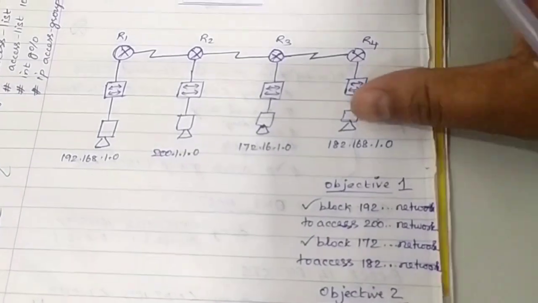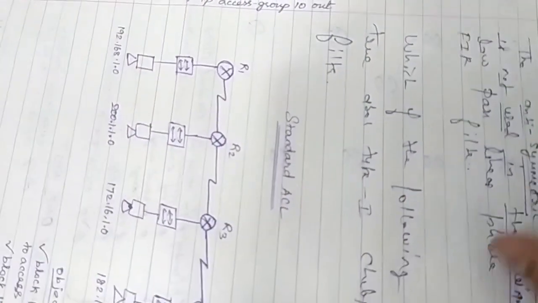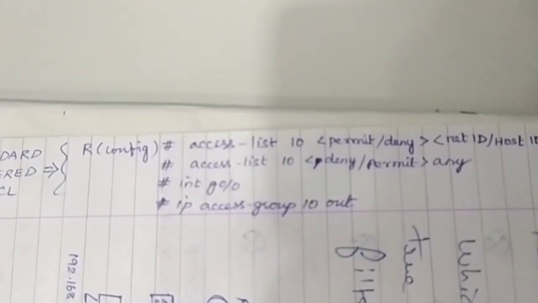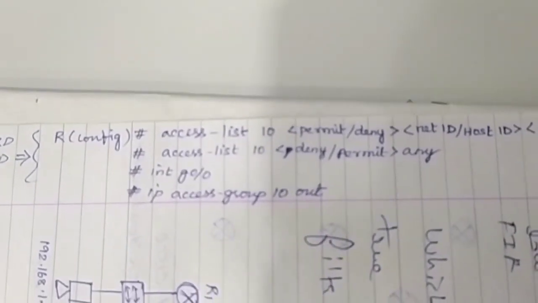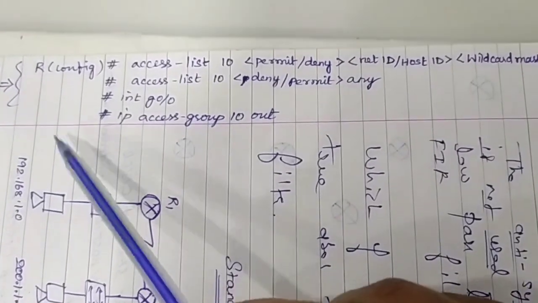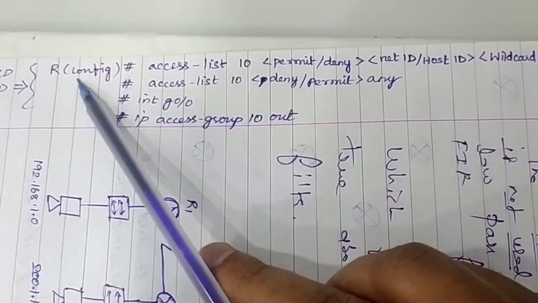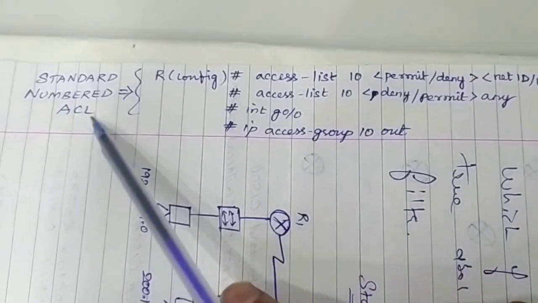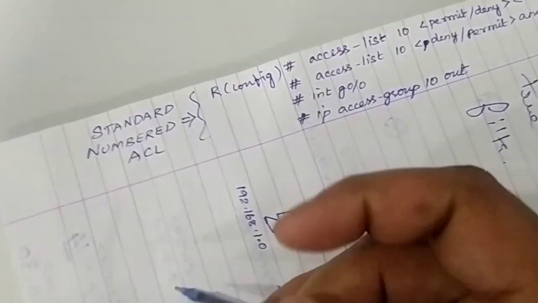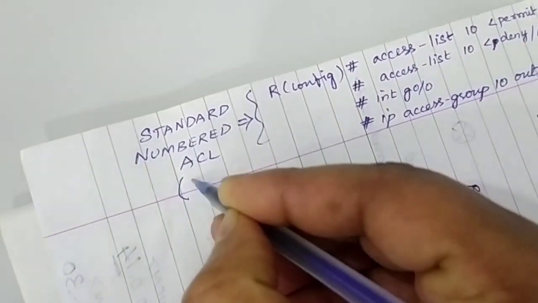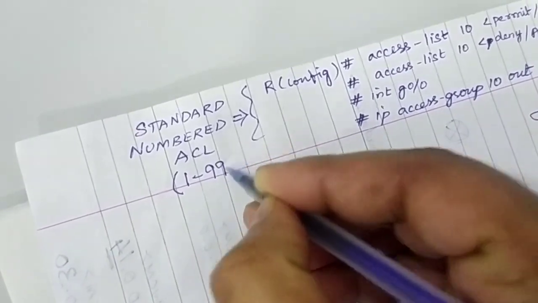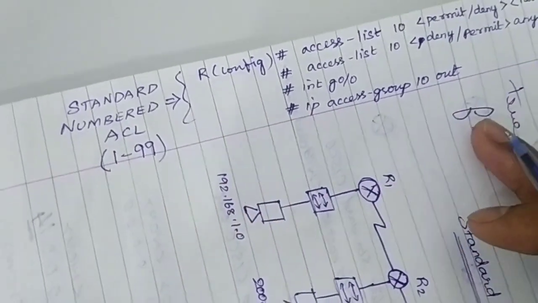Now we'll see the general form of the standard numbered ACL command. For standard numbered ACL, the number should lie between 1 and 99.